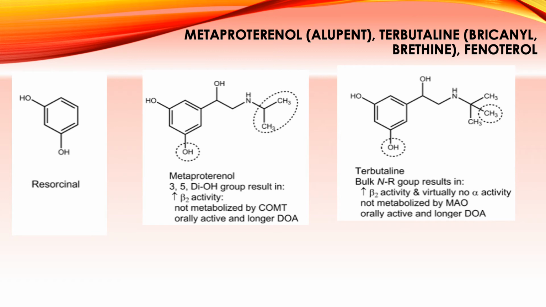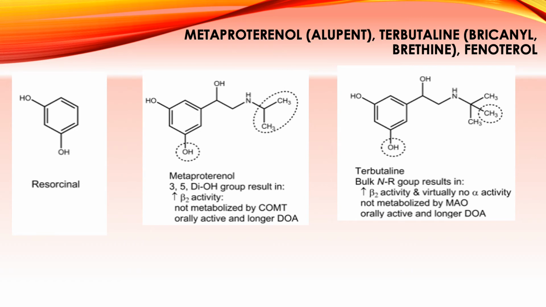So if you look closely at our metaproterenol and terbutaline, they both contain 3,5-dihydroxy substitution in the phenyl ring. Now, on the other end, it has different substitution in the amine tail. It has isopropyl on the metaproterenol, and the other one has tert-butyl substitution.